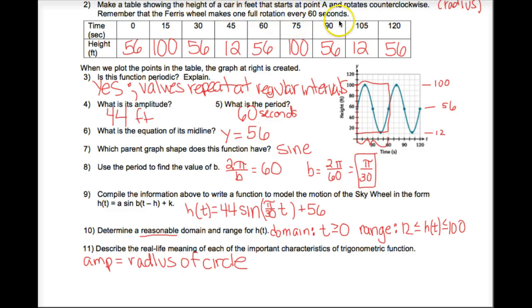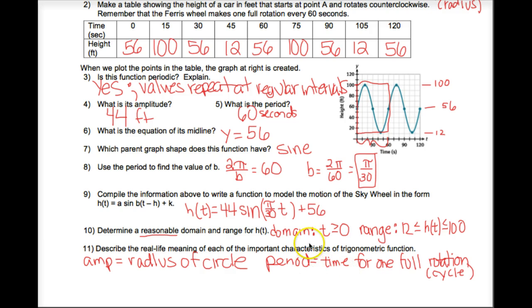It's how long it takes to make one full rotation. So the period is the time for one full rotation. There could be other real life situations where it's not necessarily a rotation, but maybe a cycle. So that translated into the period of our function.